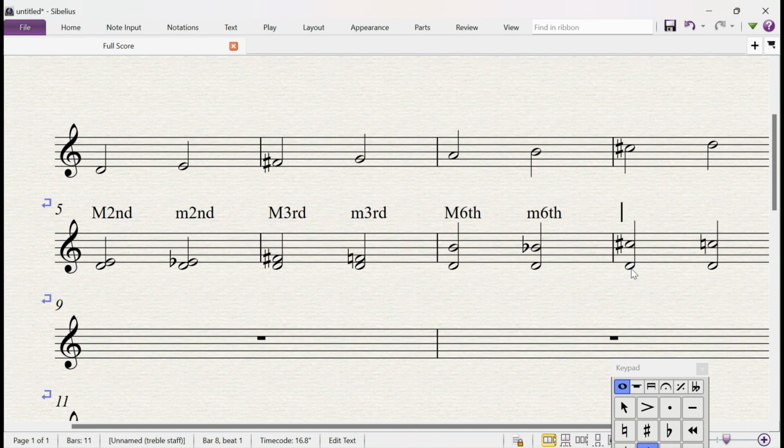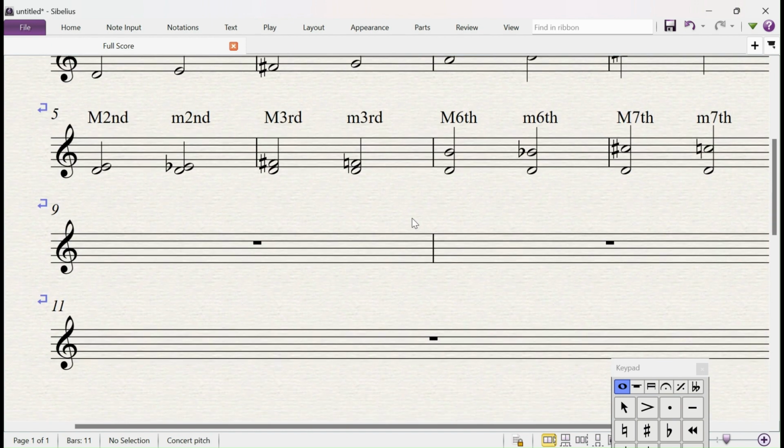Major seventh, minor seventh. So recall, whenever a major is lowered, the top note is lowered by a half step, it becomes a minor.